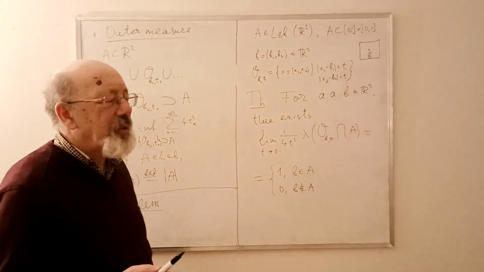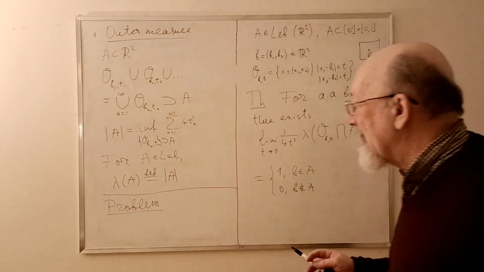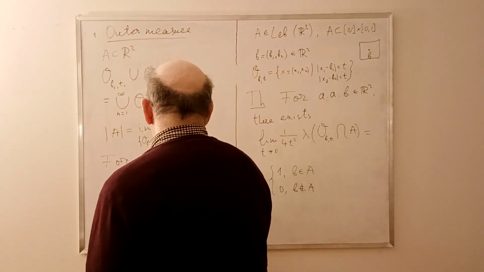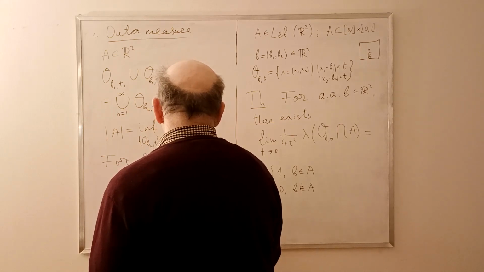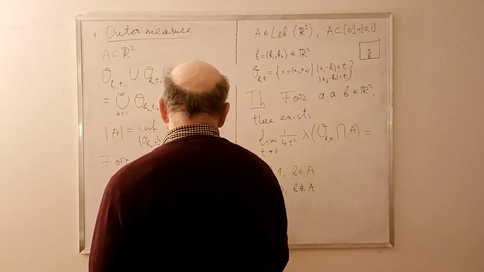Instead of considering any set, let's consider the following. A equals the set of x such that modulus of x minus b squared is less than r squared.